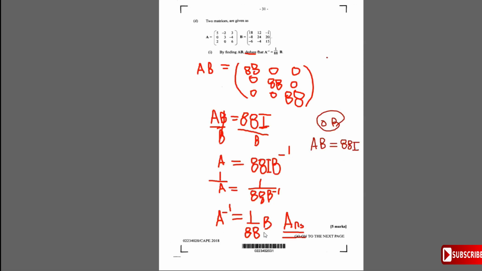When it says hence, it means using this A inverse as 1 over 88 times B. So without even looking too deep into the question, you know that x, y, z is going to be equal to 1 over 88 times the matrix B.